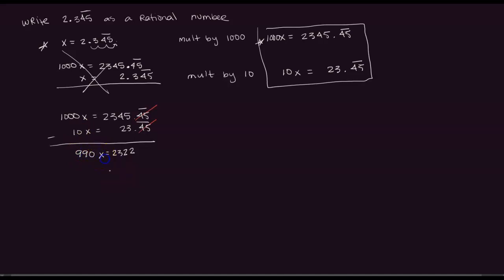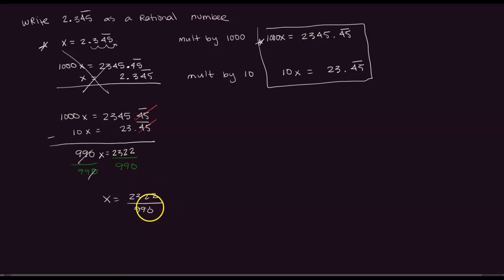Now I've gotten rid of all of my repeating decimals. I can solve this for x simply by dividing by 990, leaving behind x is equal to 2,322 divided by 990.